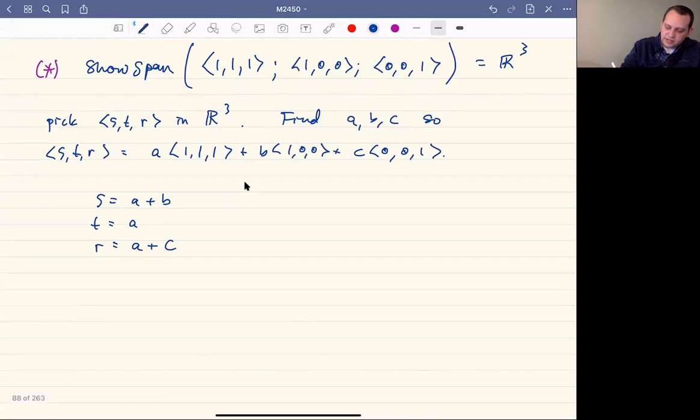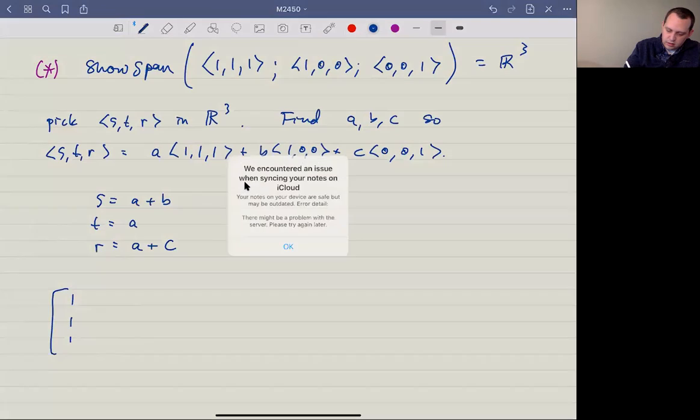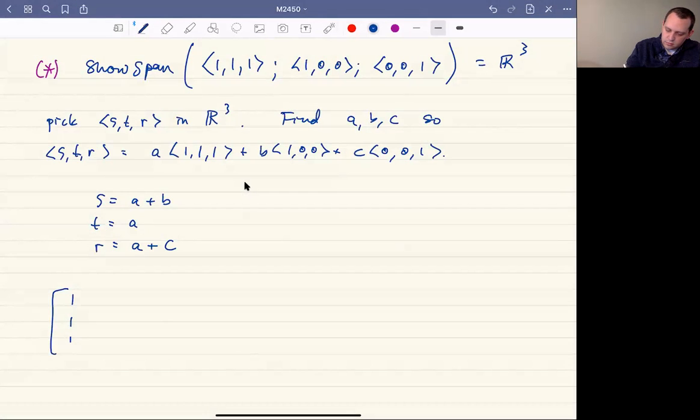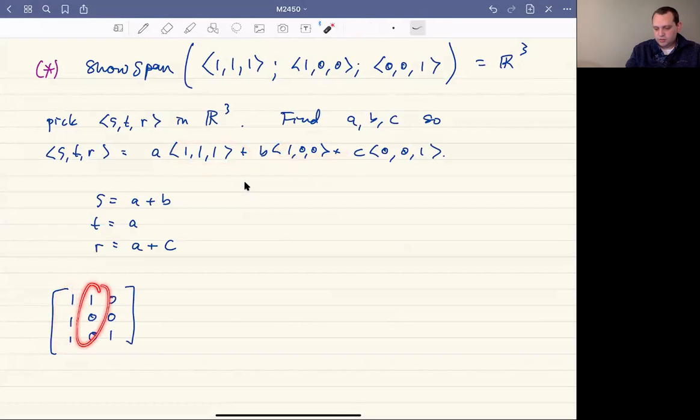But this is really just taking a matrix equation, and the matrix that we're looking at has rows (1, 1, 1), (1, 0, 0), and (0, 0, 1). Basically these vectors are becoming the columns of our matrix.